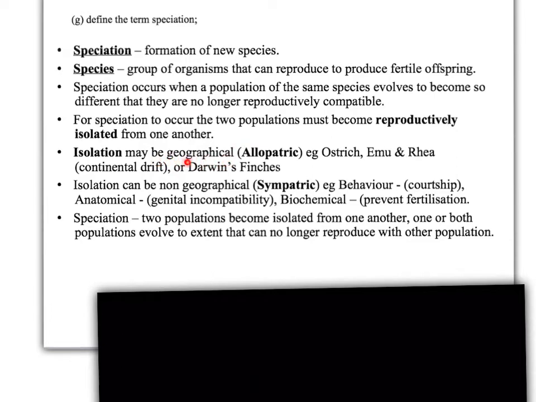The example I've got here is of these large birds that live in southern hemisphere countries: the ostrich in Africa, the emu in Australia, and the rhea in South America. They would have lived in the large continent which existed millions of years ago, which I think was called Gondwana land, and continental drift meant that those land masses, South America, Australia and Africa, all drifted apart.